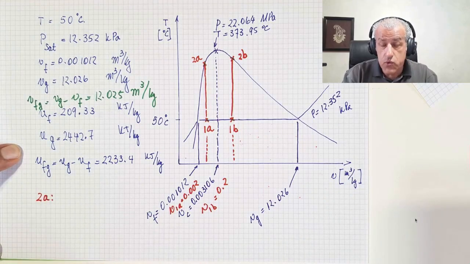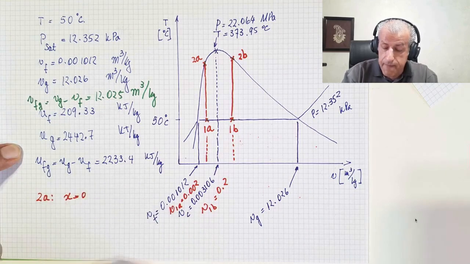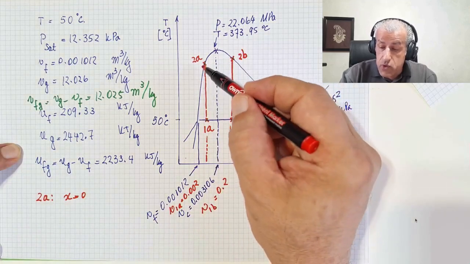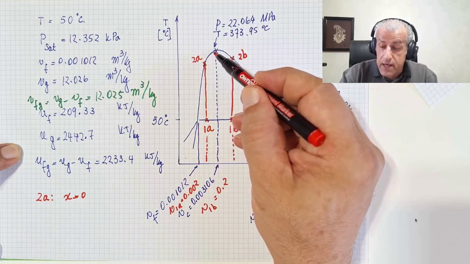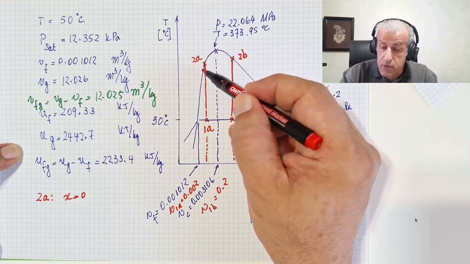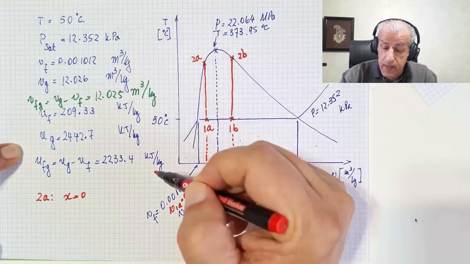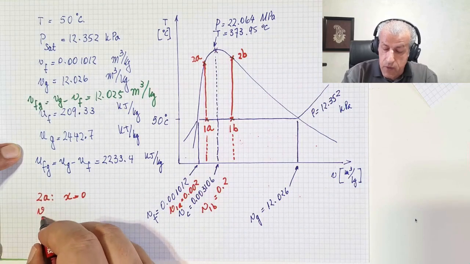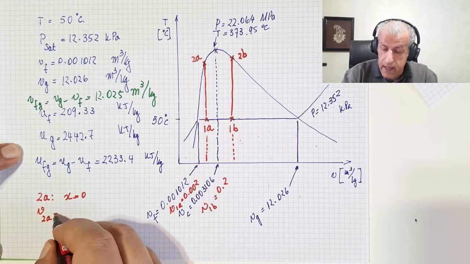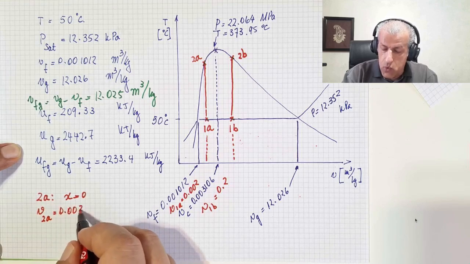We know that x equals 0, because point 2A is just before the critical point, so it would be on the saturated liquid line. x equals 0, and v2A equals 0.002.